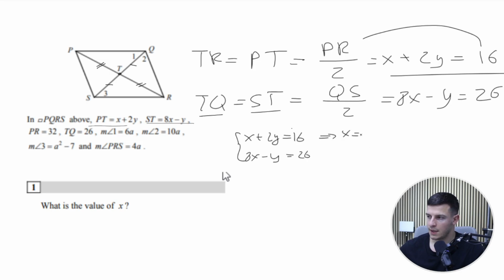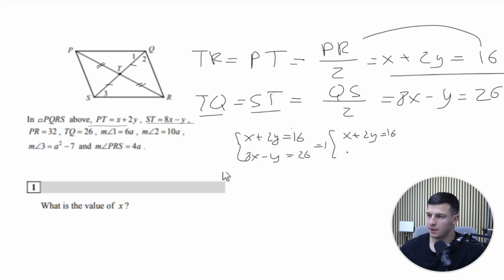We can say x is equal to 16 minus 2y, and then this will become, actually that became a bit ugly. How about we multiply this by, let's keep the first one. You will still get to the same answer, it doesn't matter. So x plus 2y equals 16.